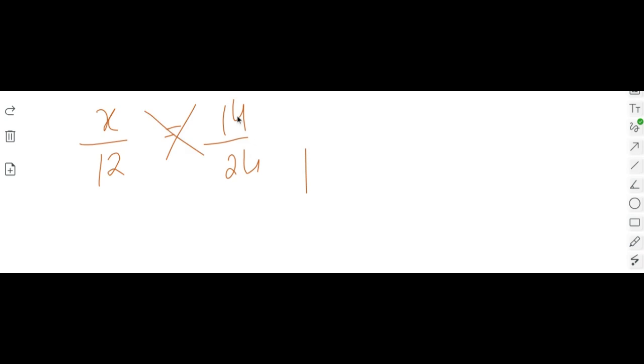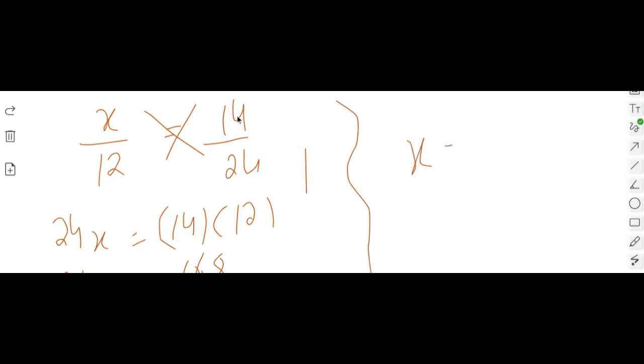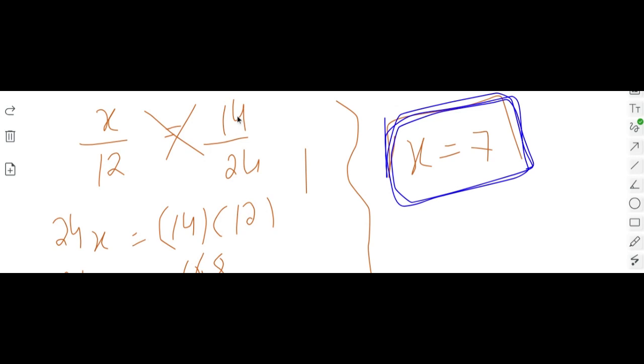Cross multiplication: 24x equals 14 multiplied by 12, which is 168. 24 is multiplied here, so when I switch to the other place it will be divided. 168 divided by 24 gives 7. You have to mention x is equal to 7. Wait a second, I just want to try something. Yes, just try if this works or not.